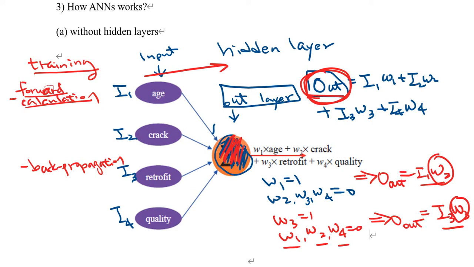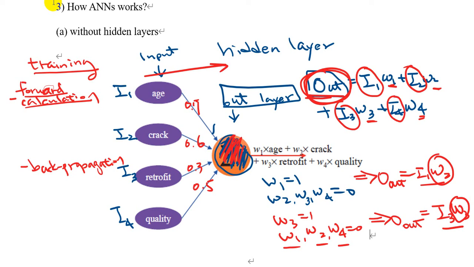Say W1 we randomly assign 0.7, 0.6, 0.3, 0.5, and these randomly assigned weights are substituted right there to come up with an output, as long as the input parameters are also given.